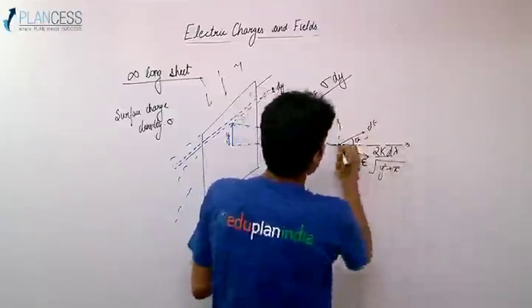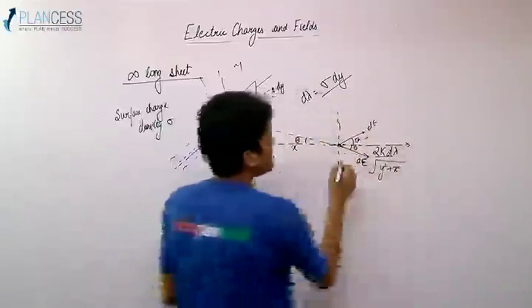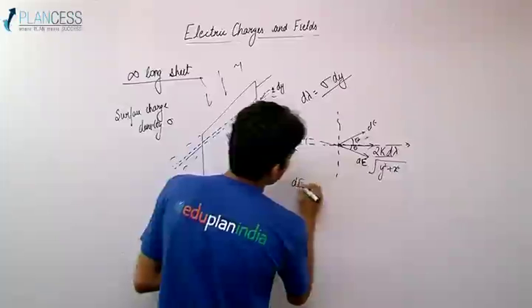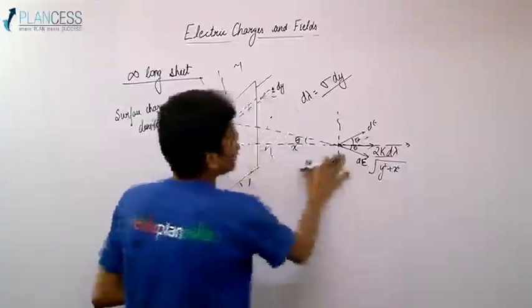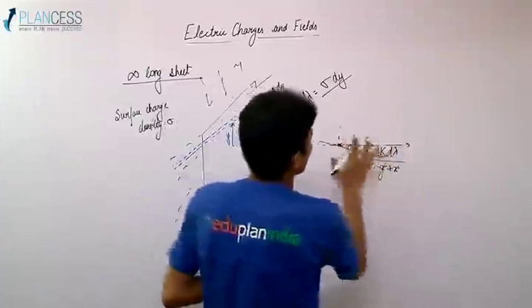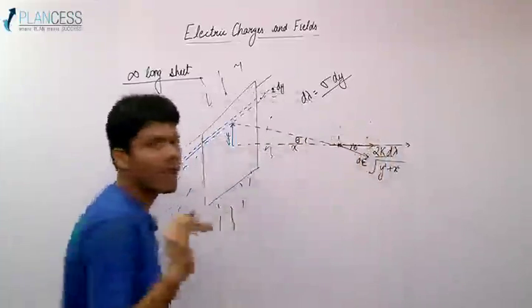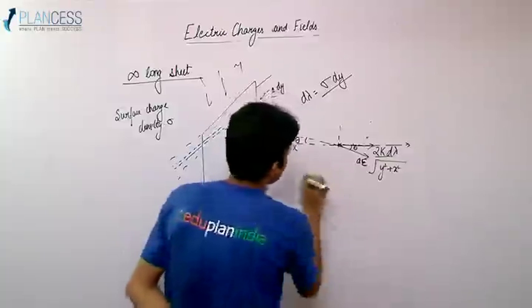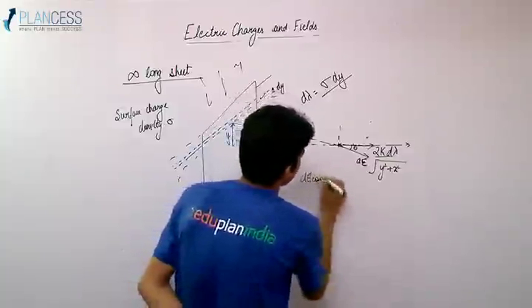So again you can see that the y component gets cancelled out, and you will be left with only the x component. You don't need to calculate the y component, you just need to calculate the x component, which can be written as the integral of dE cos theta.